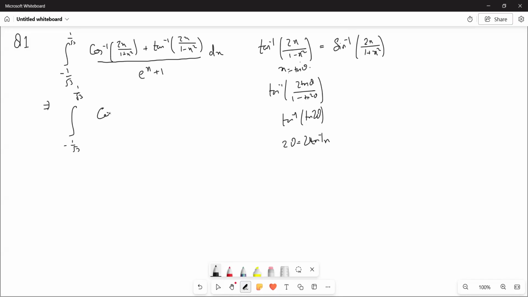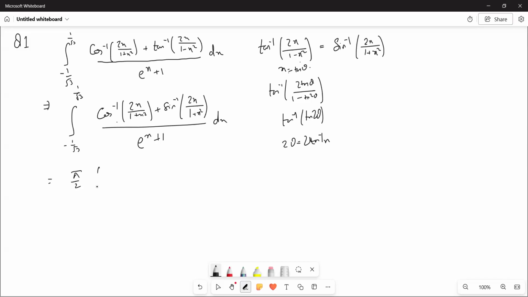तो ये हो जाएगा cos inverse of 2x by 1 plus x square plus sin inverse of 2x by 1 plus x square by e power x plus 1 dx. But cos inverse plus sin inverse of the same thing हो गया pi by 2.